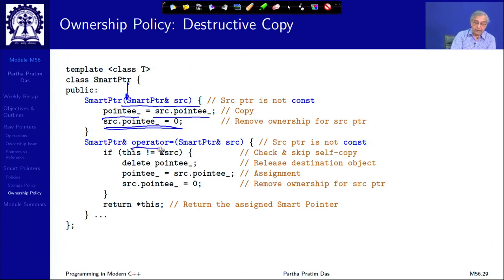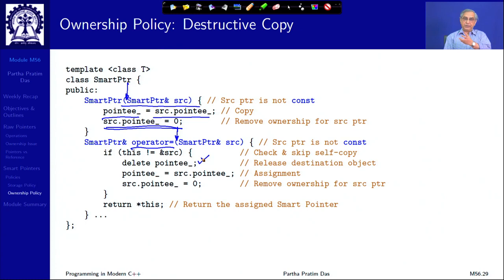Similarly, for the copy assignment operator, you do not have the const, because for assignment you are going to take away the ownership again. So, you check for the self copy, which is the same, you delete whatever you have been pointing to, because you are taking ownership of a new object.